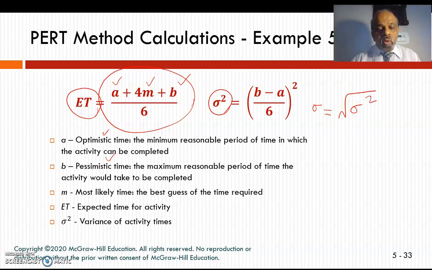So the PERT method gives you the flexibility of using optimistic, pessimistic, and most likely time to find an estimated time, and also to find the variances or standard deviations within activities.